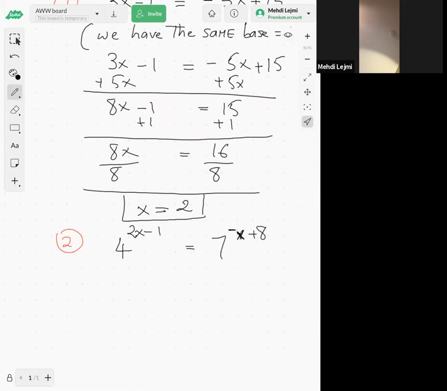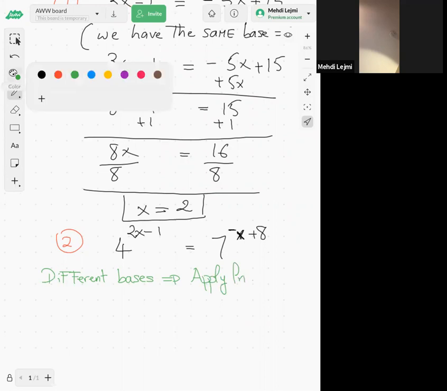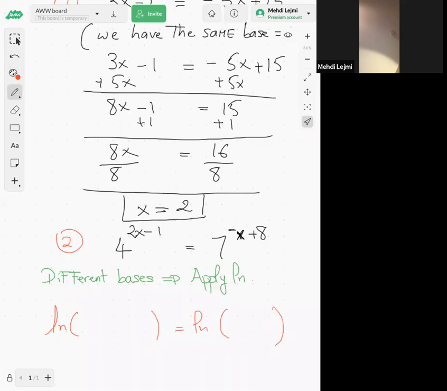As I said, in this case we have different bases, so we have to apply natural log to both sides. So here's my natural log, and here's my natural log on the other side. You bring down this power to the front of the natural log, the same here.